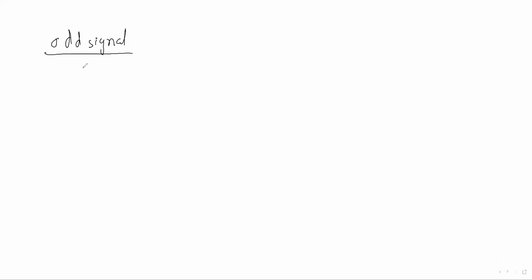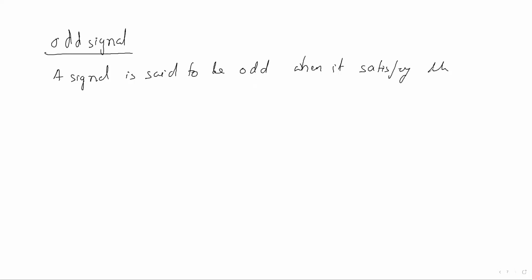A signal is said to be odd when it satisfies the condition x of t equal to minus x of minus t, for all t values.